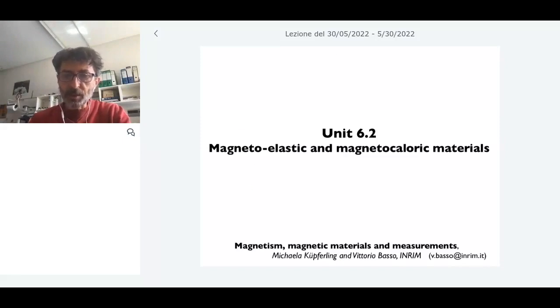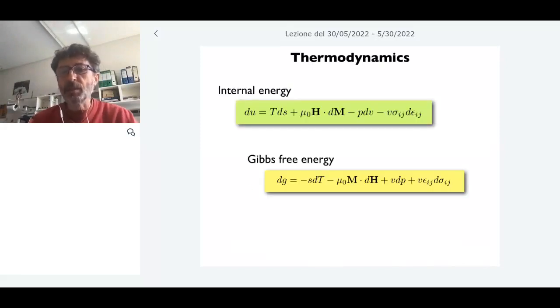As an introduction, I start from the thermodynamic relation again. So this is a sort of justification. Why do we have to expect in magnetic materials some coupling between different degrees of freedom, magnetic, structural and thermal? So we already mentioned the internal energy expression in thermodynamics, where we have not put all the terms, not coupling with all the possible fields.